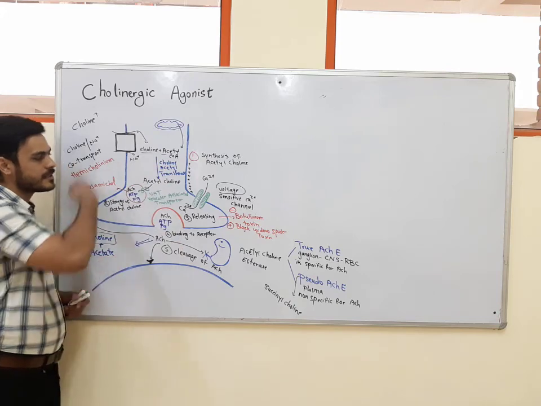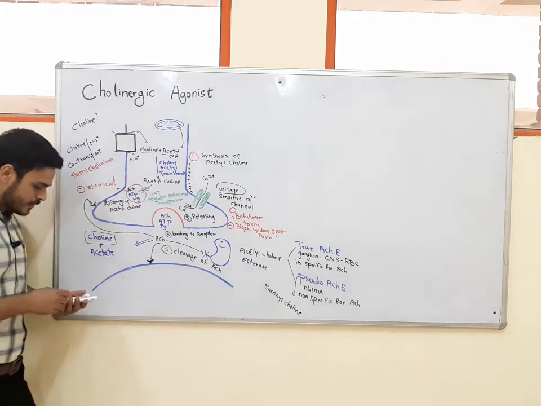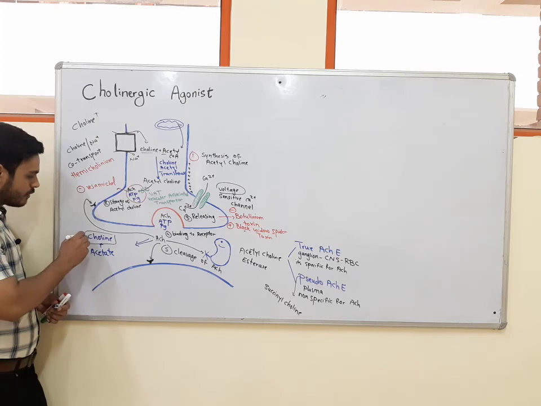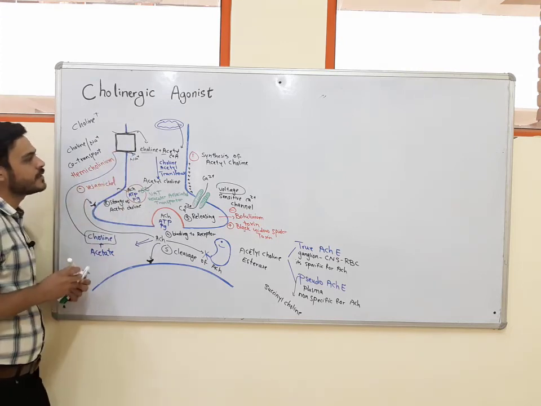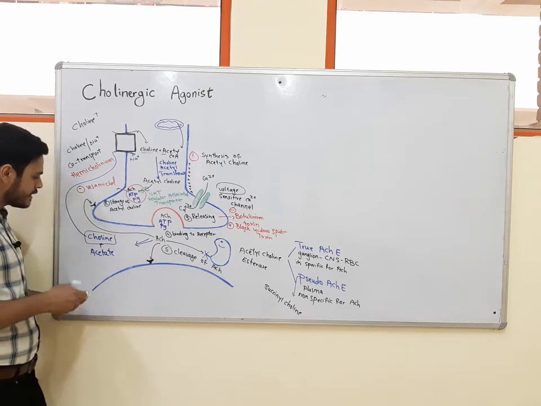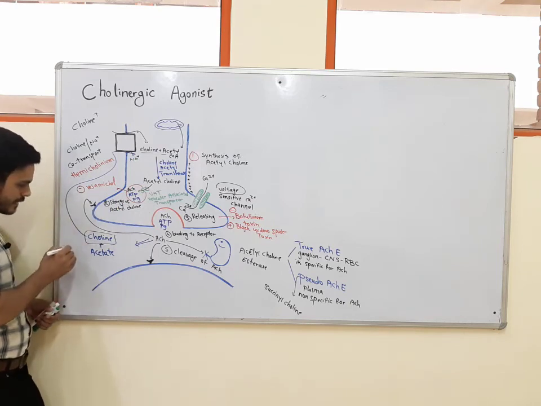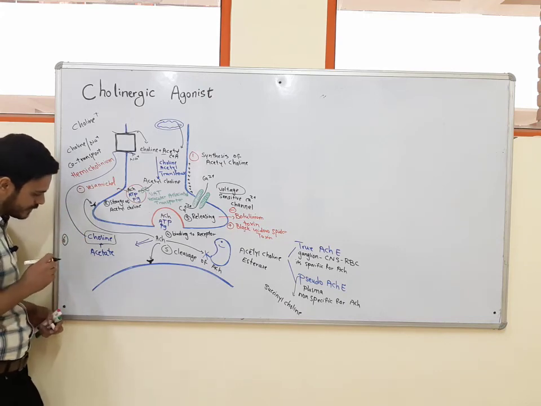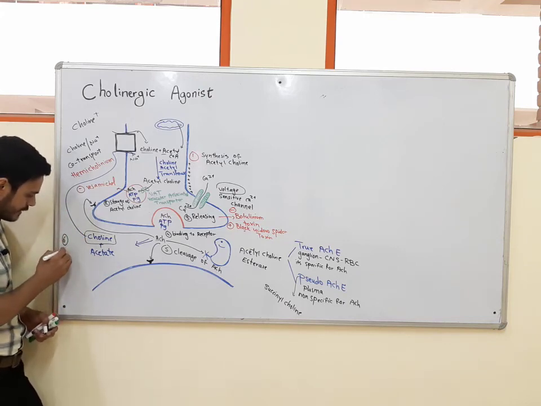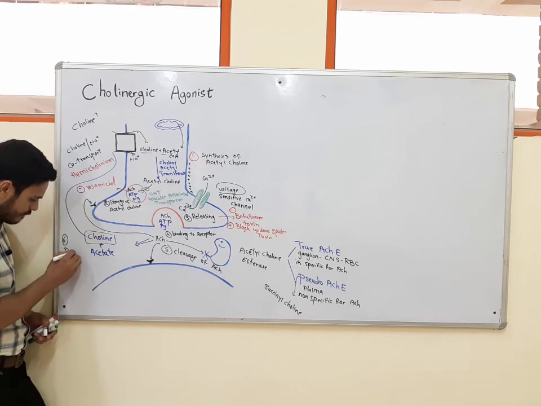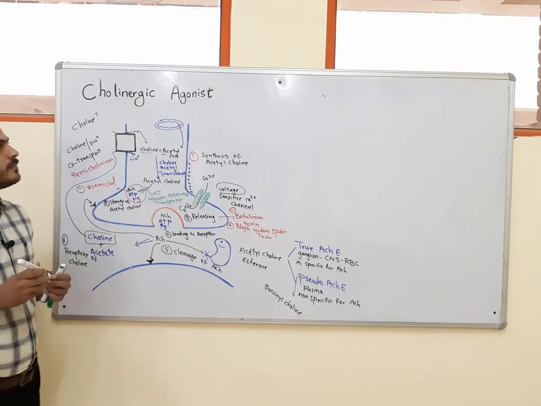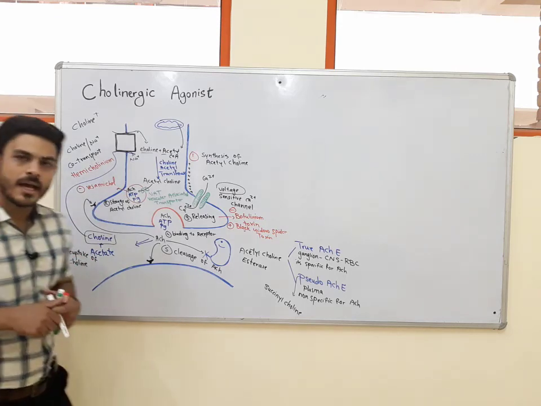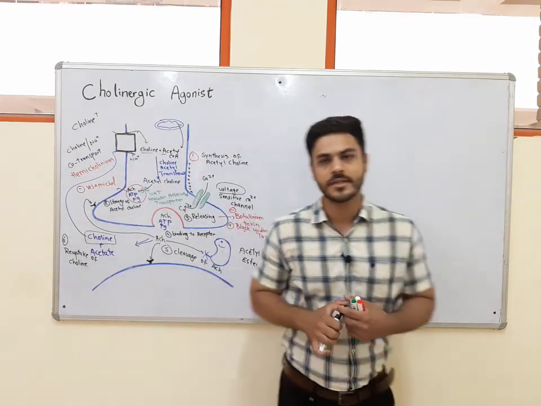We will release it and this cycle will occur again and again. So we will uptake this choline by this co-transporter and we will make new acetylcholine. This is the sixth step of neurotransmission of cholinergic fiber: reuptake of choline. This was about neurotransmission in the cholinergic fibers.